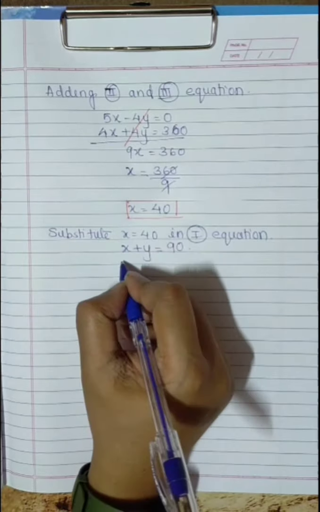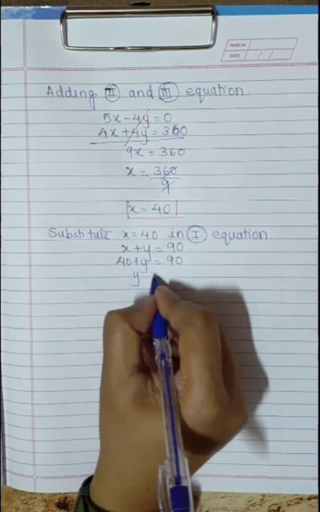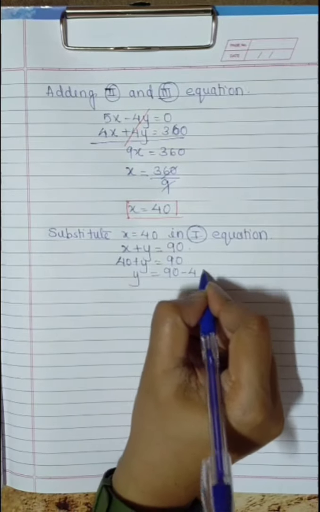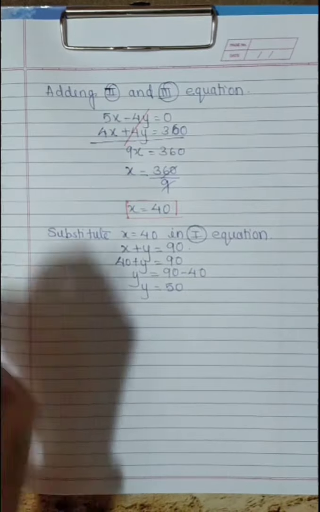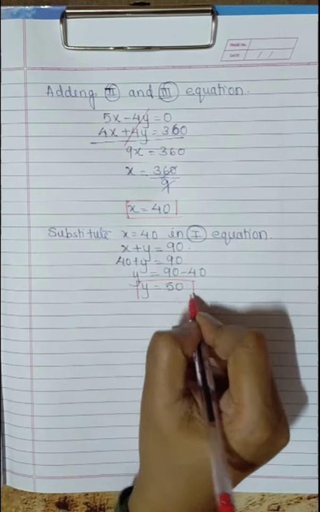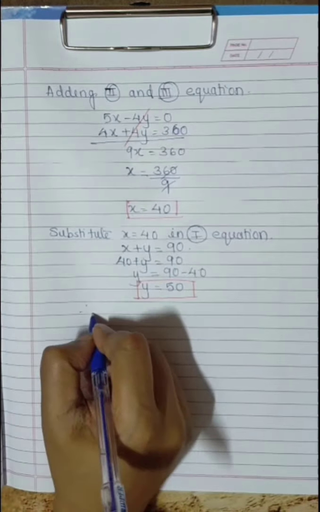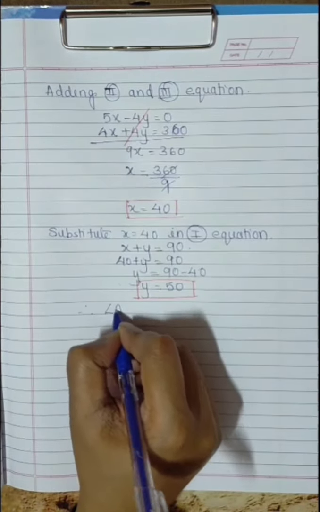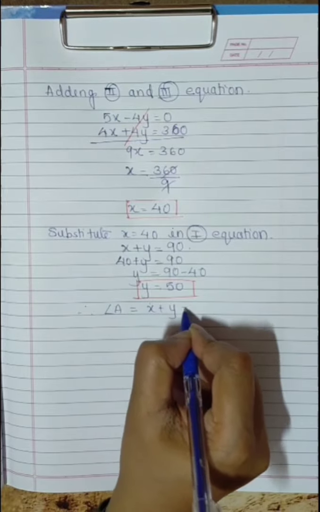Now in the place of x, 40 plus y equal to 90, y is equal to 90 minus 40, y is equal to 50. So here the value of x is 40. Now therefore angle A is equal to x plus y.